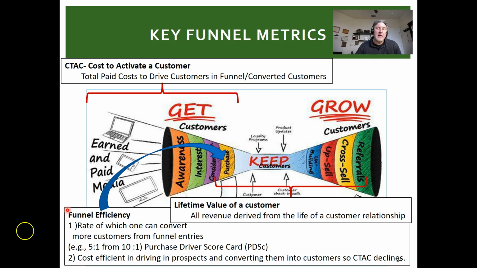Then there's the other thing that we look at relative to the funnel, which is called efficiency, which is the rate of conversion. If we have 100 that convert to 10, that's a 10 to 1 ratio. What we want to look at in this journey is, can we make it more efficient? So instead of 100 in and 10 out, can we get 20 out?